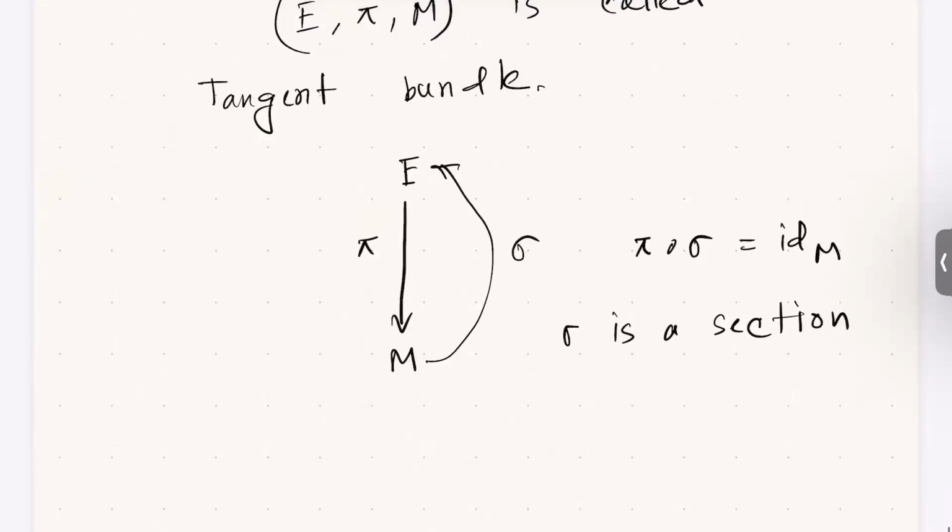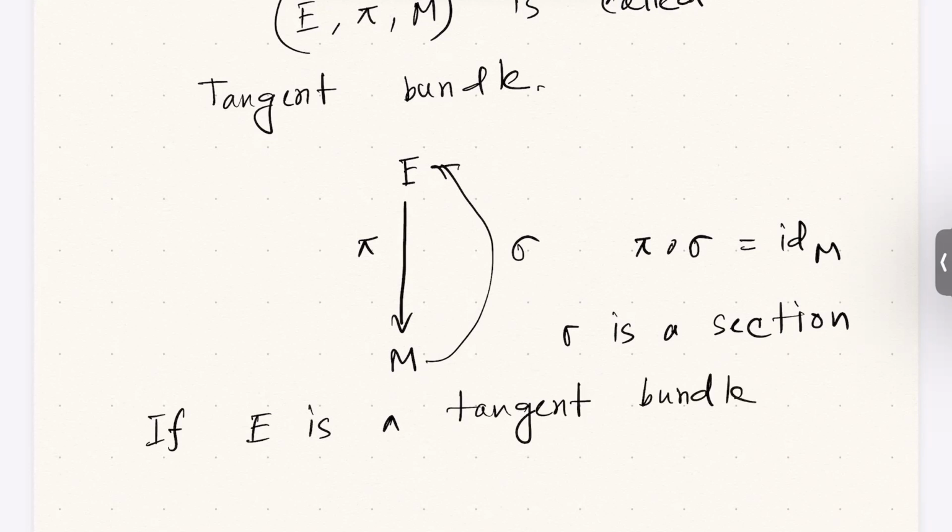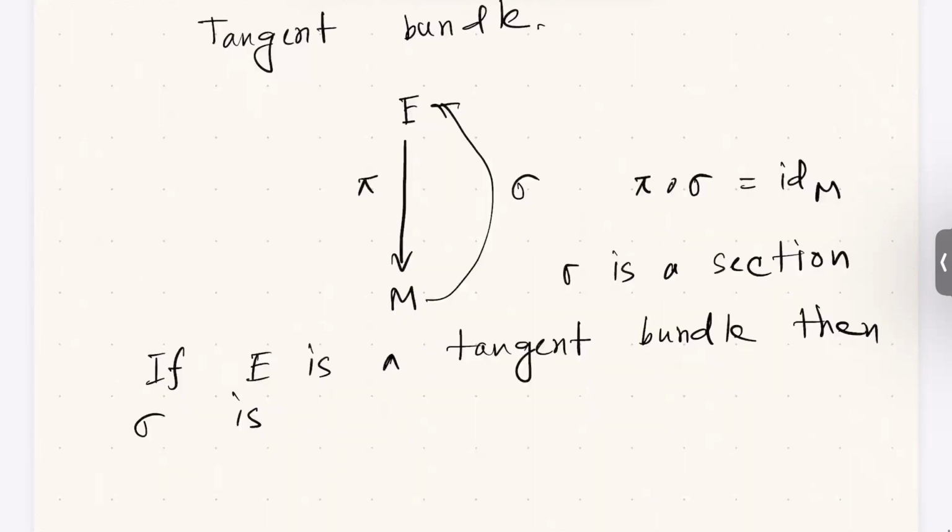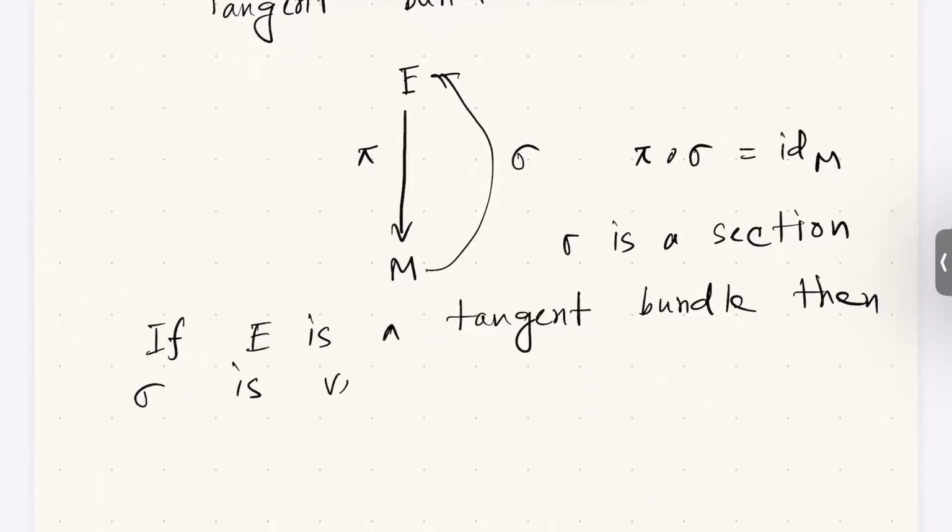And if E is a tangent bundle, then sigma is a vector field.